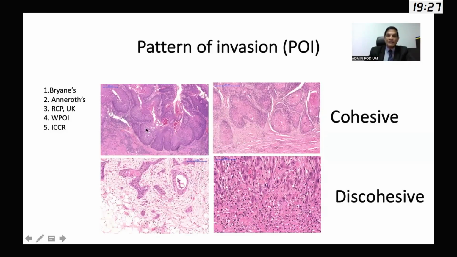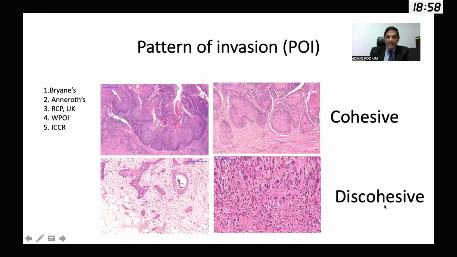Now, in this classification, you see where you have type 1, the very cohesive islands, and large islands, they both go as cohesive. And then you have type 3, type 4, and type 5 in this worst pattern of invasion. So they are all discohesive. But the worst pattern of invasion is type 5, where there are more individual cells, so tumor buds away from the main tumor by at least 1 millimeter.